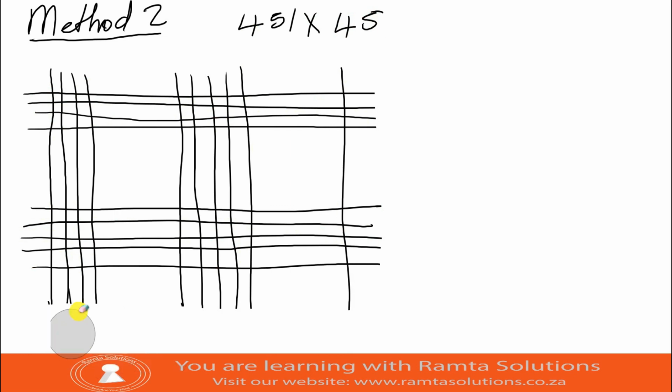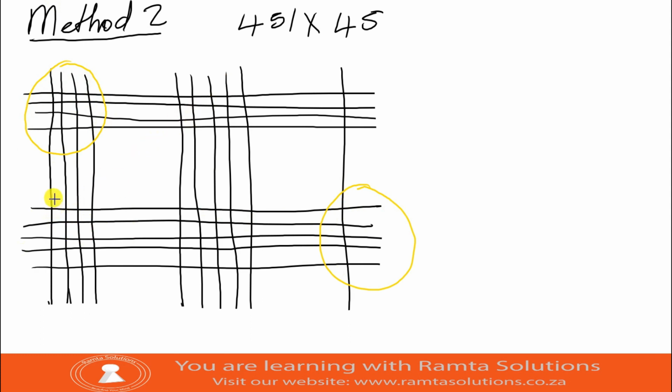With this one, we're going to circle these intersections at the top left, the top right and the bottom right. They always stand alone. Thereafter, you join opposite vertices.